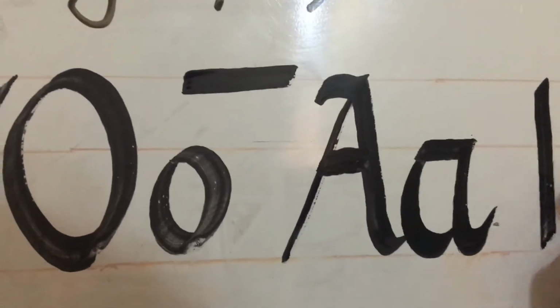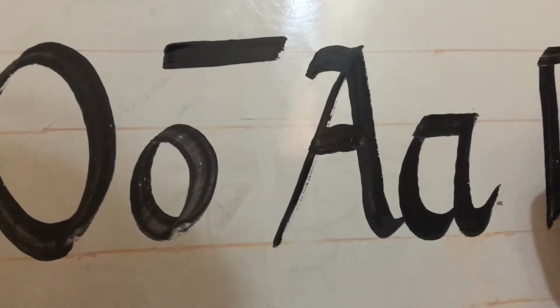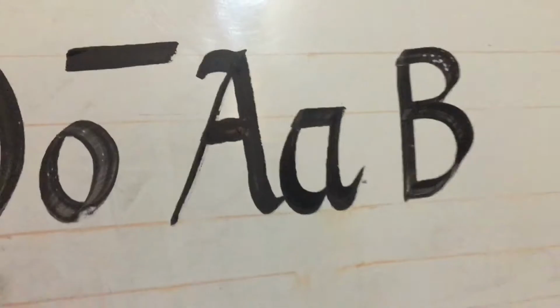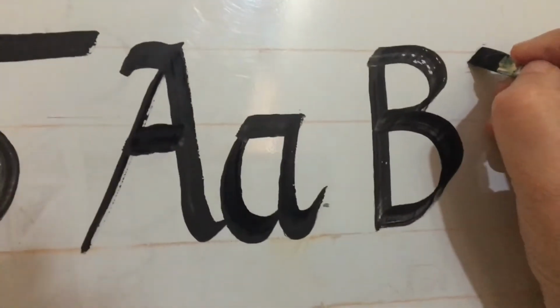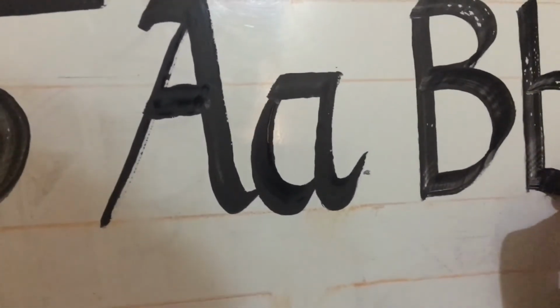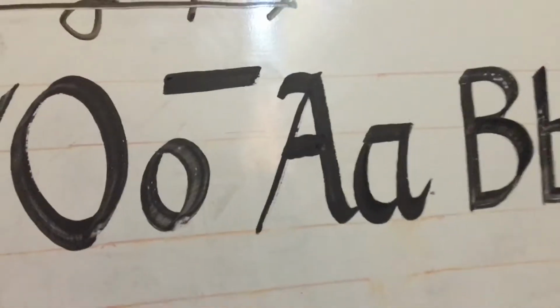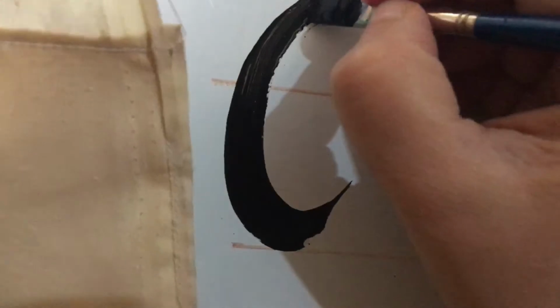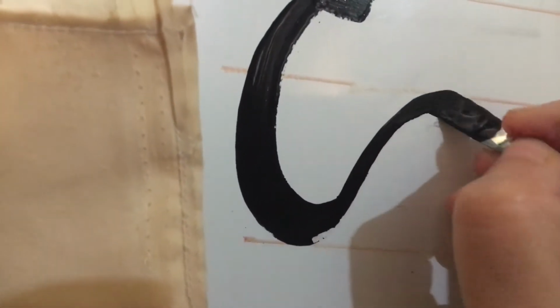Then comes B. How to write the small b? Clear? Now comes C, small c.